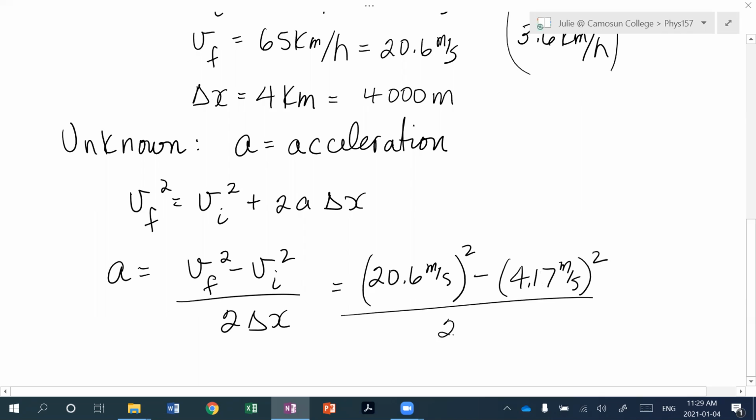Then you would divide by 2 times 4,000 meters. A meter squared over a second squared divided by a meter is a meter per second squared. And it turns out this is not very big: 3.9 times 10 to the minus 2 meters per second squared.